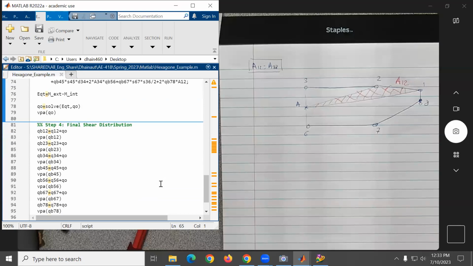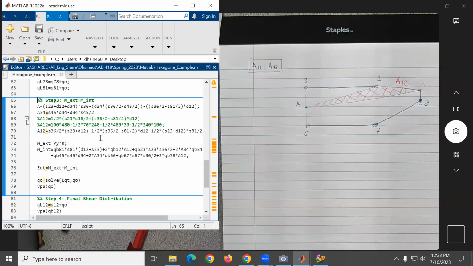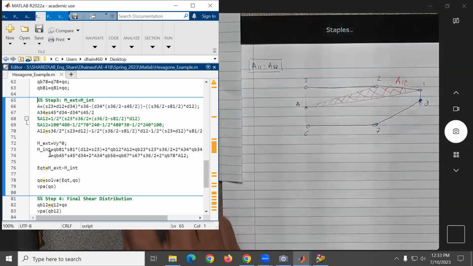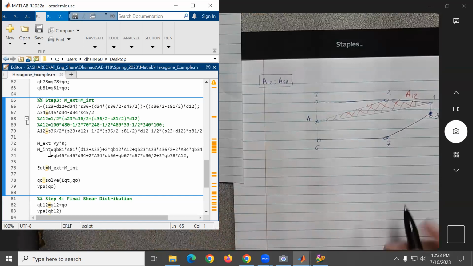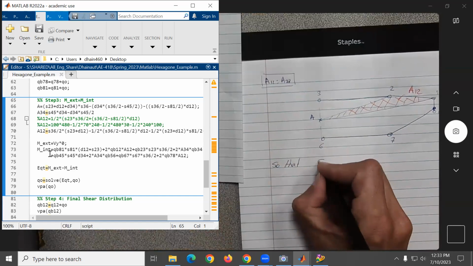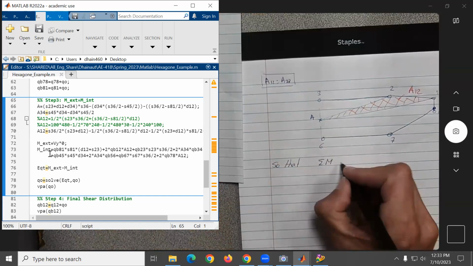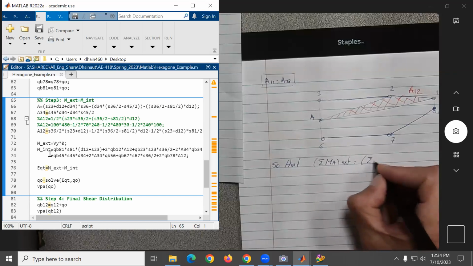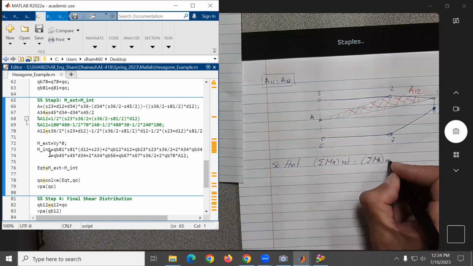So now step 4 will be, okay, we substitute into the internal external equation. So let's see if I have the equation over here. Before we do that, I can write here the summation about point A external equals the summation about point A internal.